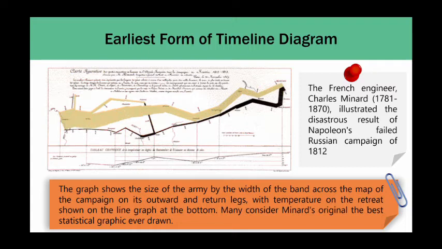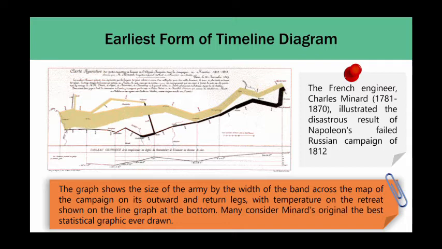The increase in thickness of the line is the record of the soldiers, with the temperature on the retreat shown in the line graph at the bottom. Many consider Minard's original the best statistical graphic ever drawn.